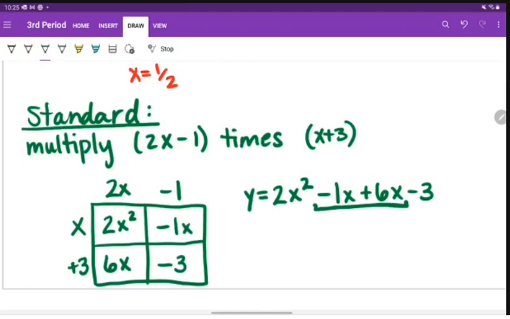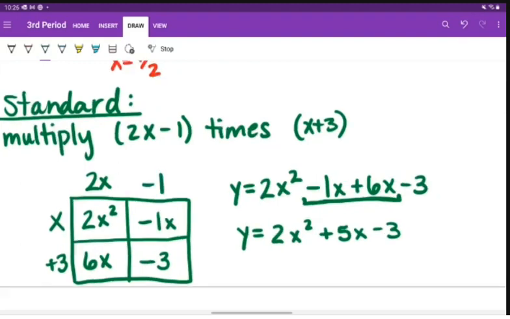It'll happen in almost every problem. When we combine those, we add the numbers in front. Negative 1 plus 6 will give us a positive 5x. So we end up with the standard form quadratic 2x squared plus 5x minus 3.